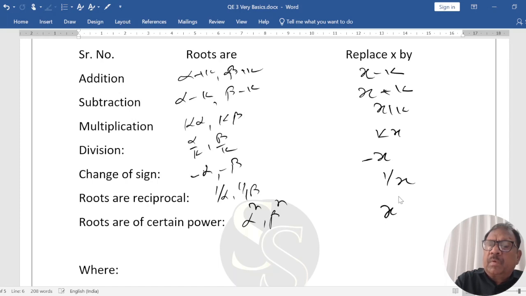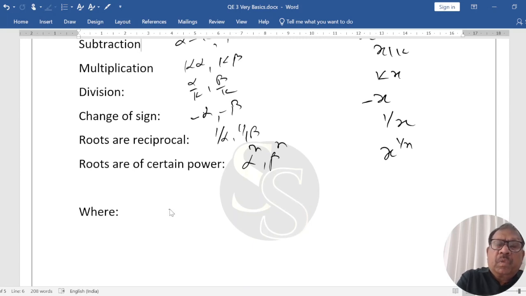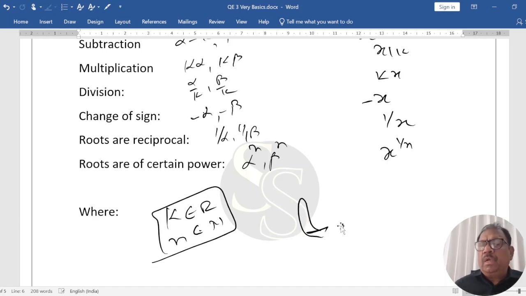Replace x by x to the power 1 by n. These are the methodologies to change x if roots are operated by these, where k is a real number and n is an integer. Next question, next topic.